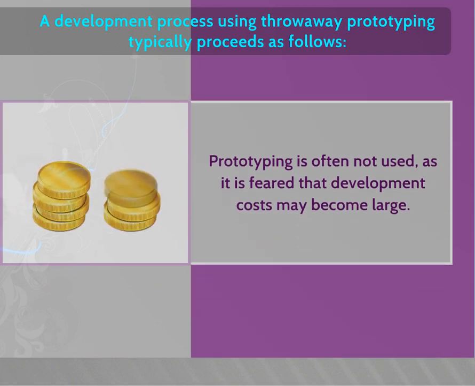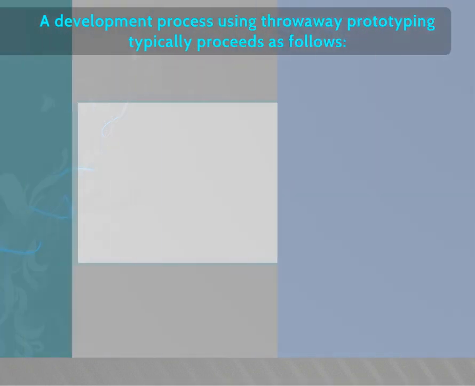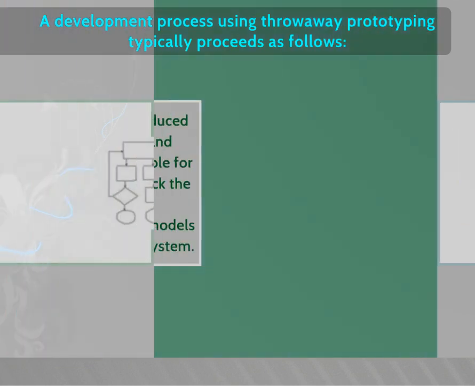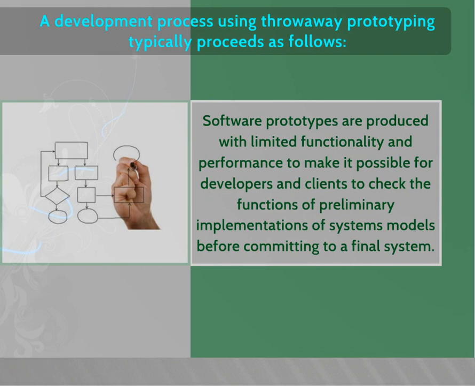Prototyping is often not used as it is feared that development costs may become large. The prototyping focuses on producing software products quickly. Software prototypes are produced with limited functionality and performance to make it possible for developers and clients to check the functions of preliminary implementations of system models before committing to a final system.